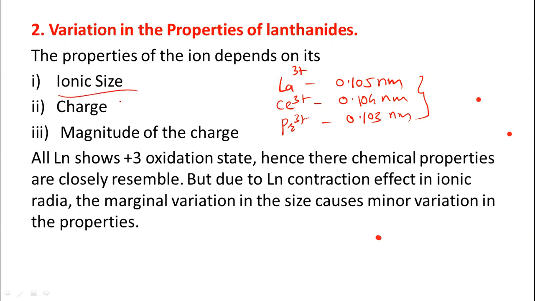If the ionic size is the same, their properties are the same. For lanthanon elements, the charge is the same, +3, and the magnitude of the charge is also the same, but their ionic size is not. This is responsible for the variation in the properties of the lanthanons.